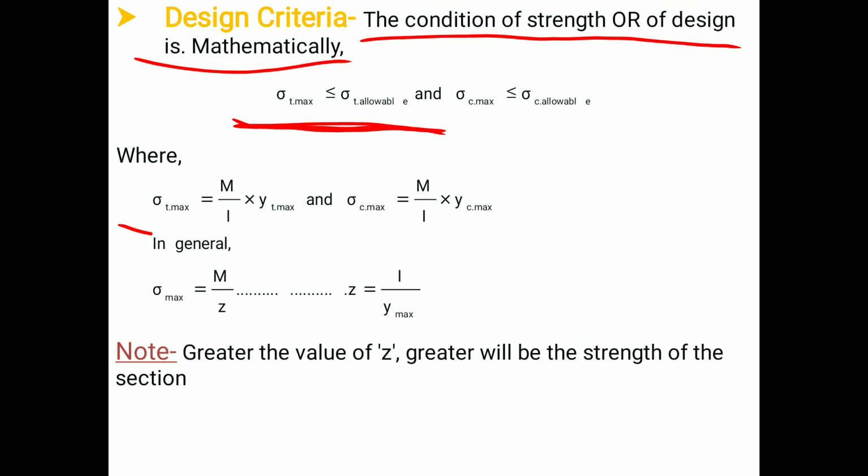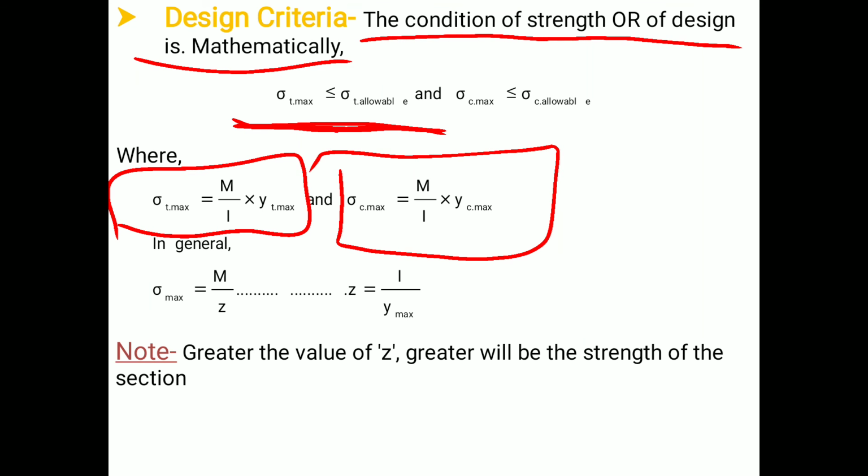Sigma t maximum is given by M upon I into yt maximum, using the flexural formula, and sigma c maximum is given by M upon I into yc maximum. Therefore, sigma maximum is equal to M upon Z, because Z is equal to I upon y maximum.